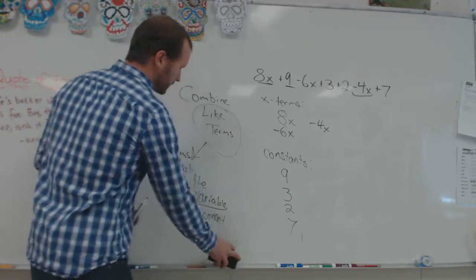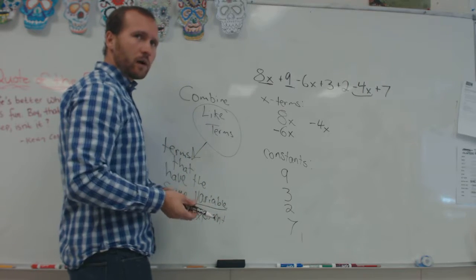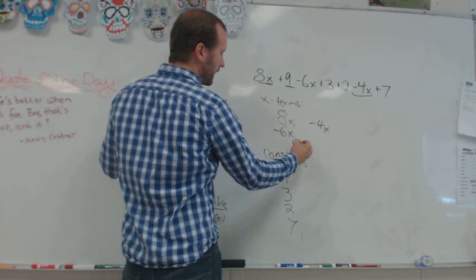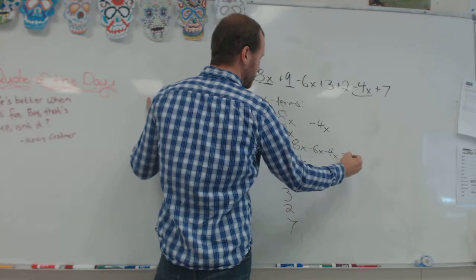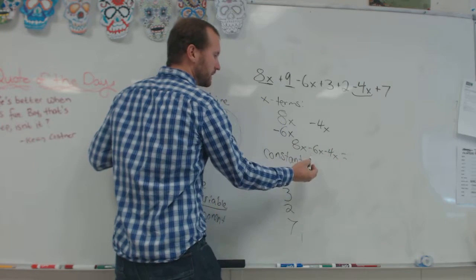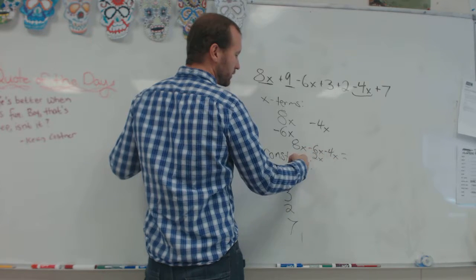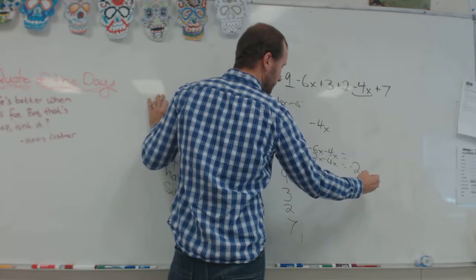Okay. So we're going to combine our like terms now. To combine them, all we're really doing is using the commutative property. We're saying 8x minus 6x minus 4x, which would be 8x minus 6x is negative 2x. No, it's not. It's positive 2x. Minus 4x is negative 2x.